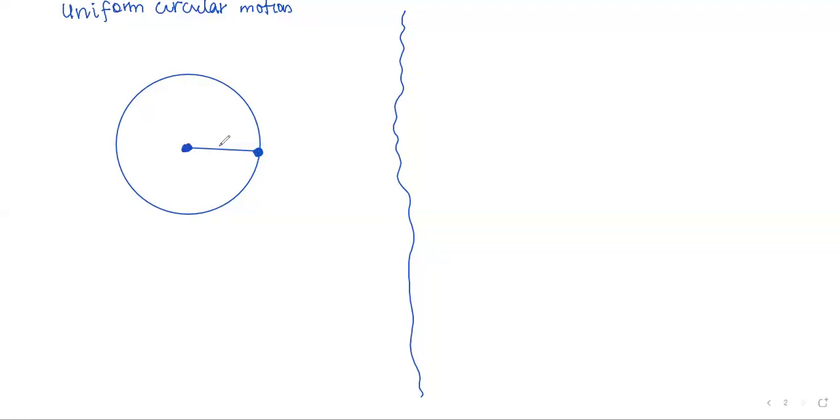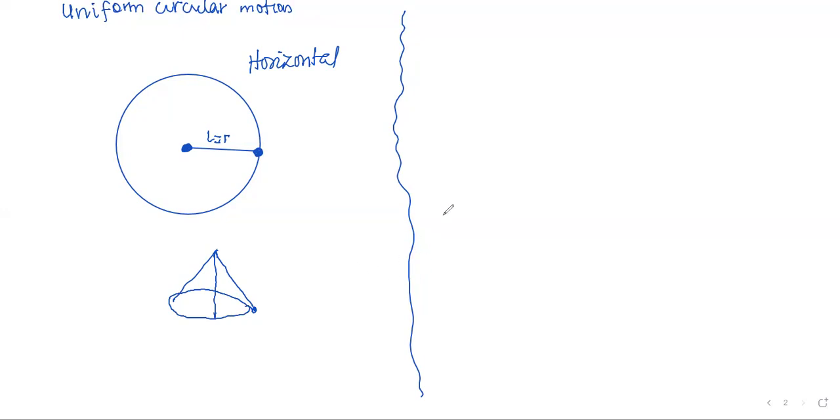So this is the length of the string, which is also equal to the radius. This is a form of horizontal circular motion. Then the conical pendulum, as we just saw, is also another form of horizontal circular motion.